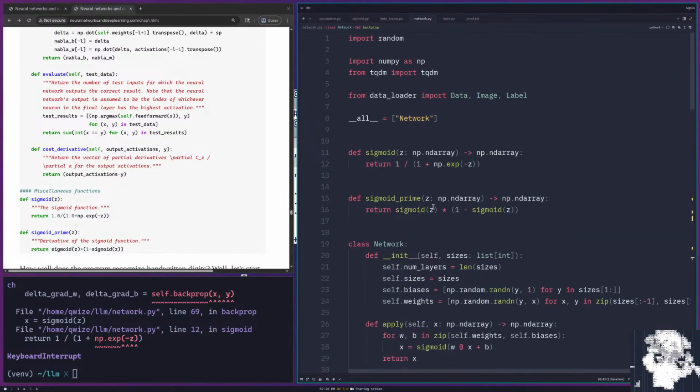Sigmoid prime, right? Sigmoid z times 1 minus sigmoid z.